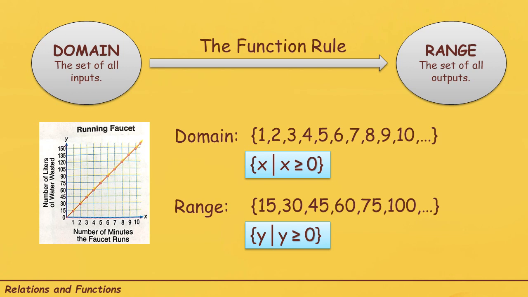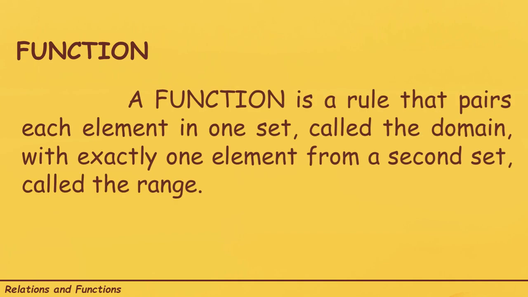So y such that y is greater than or equal to 0. Okay, so based on the problem, the running faucet, we can now define function. A function is a rule that pairs each element in one set, called the domain, with exactly one element from a second set, called the range.